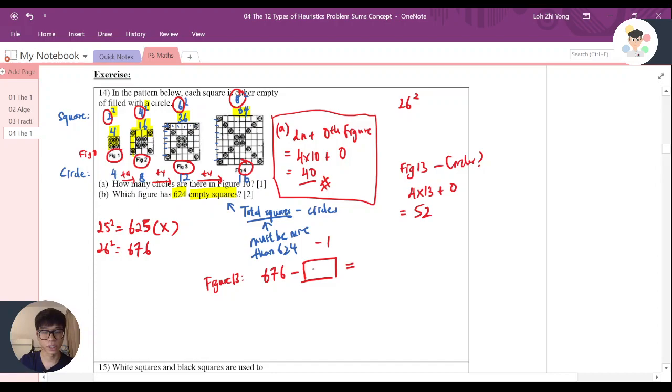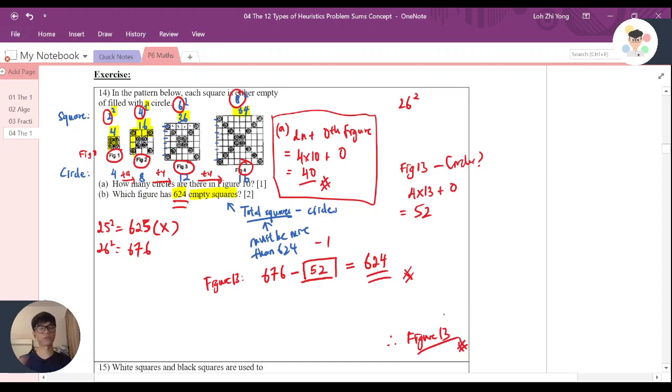So let's see whether 52 is correct. 676 minus 52. Press the calculator. Oops, and I found that it's 624. Means that it actually satisfies the conditions here. That's why I know the answer here will be figure 13.